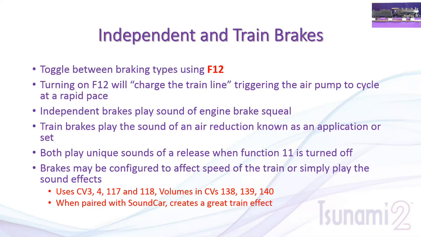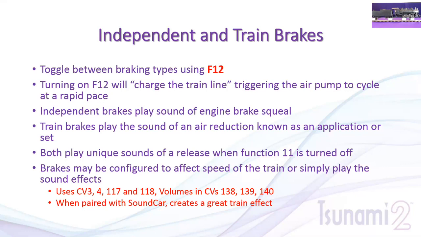Now, the other thing to note is all of our sounds are interactive, and so they work based on how you're using the decoder. So in this case, when you're using the brakes more frequently, you're also going to hear the compressor cycle more frequently as it's running, because when you're using the air that much, you're depleting the air reservoirs. And so the compressors will then trigger automatically with a governor to then fill up the air reservoirs and make sure that you have the air pressure you need to control your train.